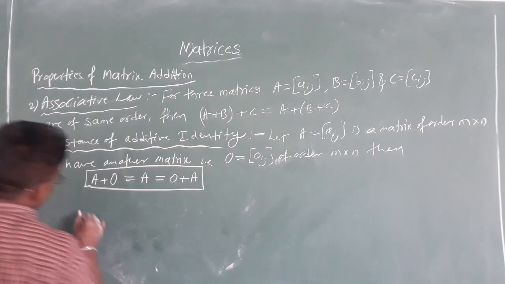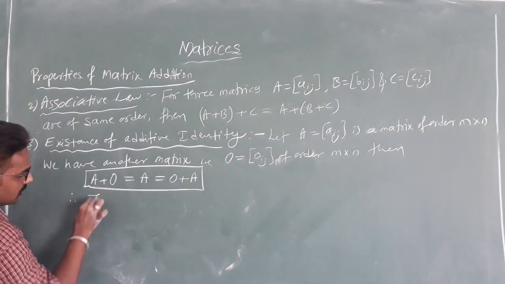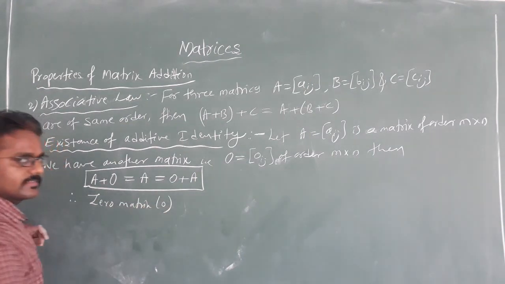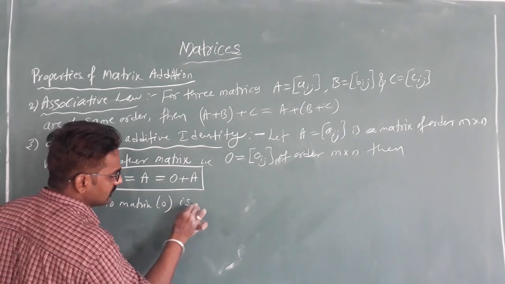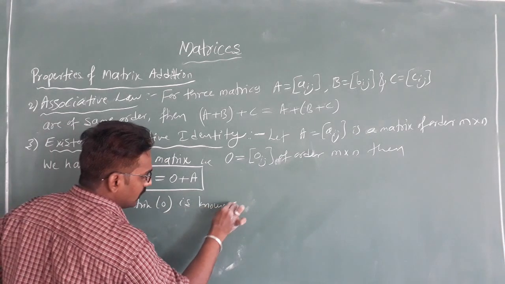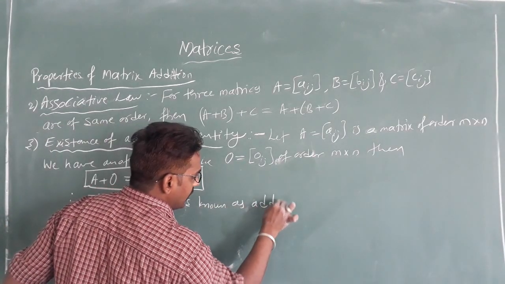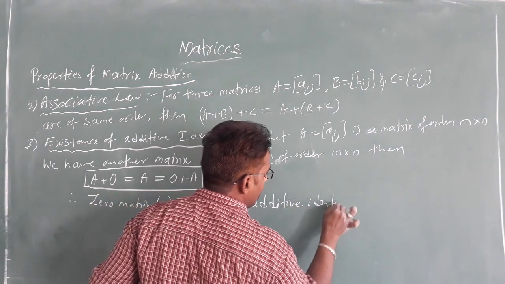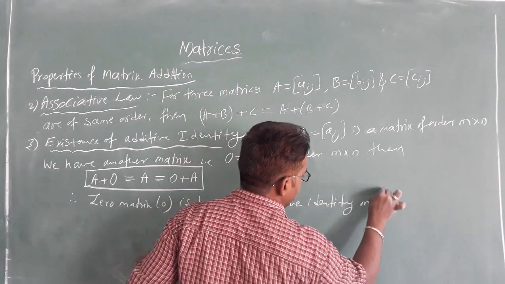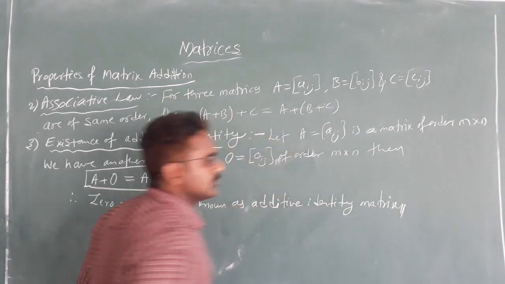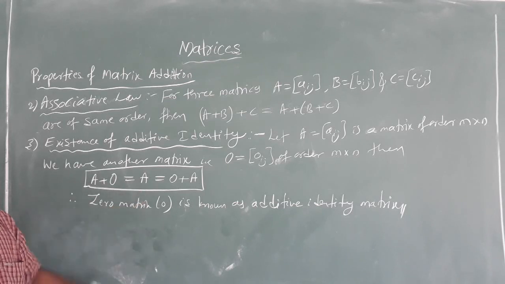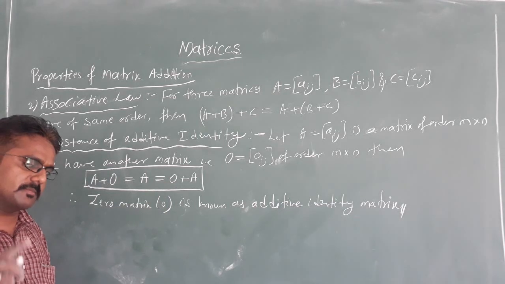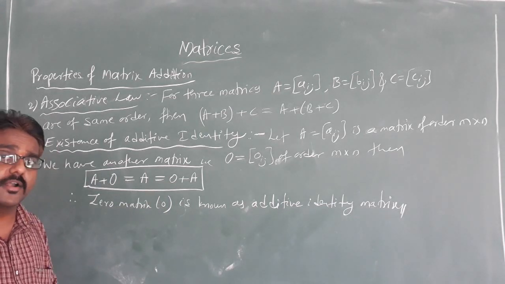Therefore the zero matrix is known as the additive identity matrix. If the given matrix is a 3 by 1 matrix, then we should take a zero matrix of 3 by 1 only, not another order.